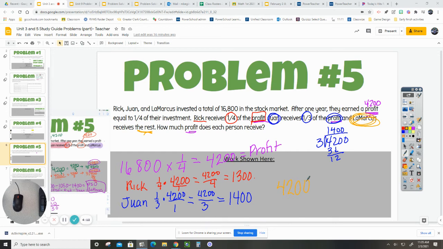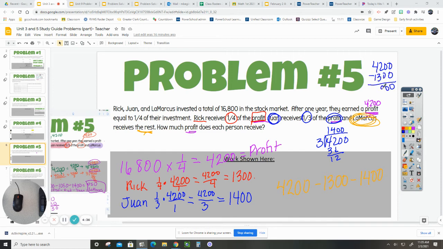Can you see it okay? I hope so. So 4,200 is the profit minus Rick's share of 1,300 and minus Juan's share of 1,400. That is his portion. Now I should have done it like this, running out of space.